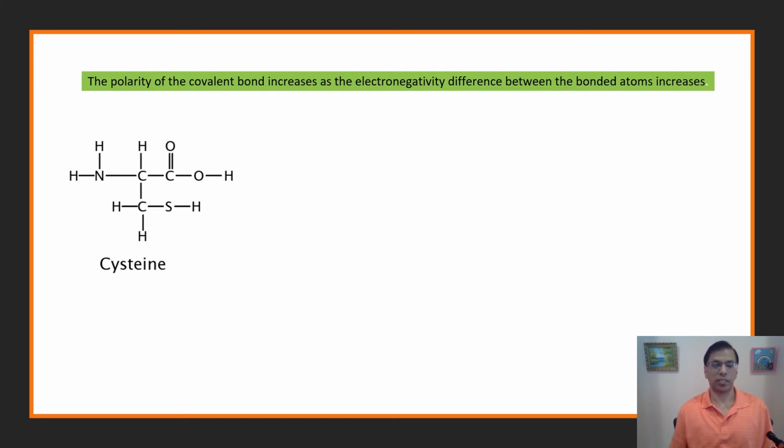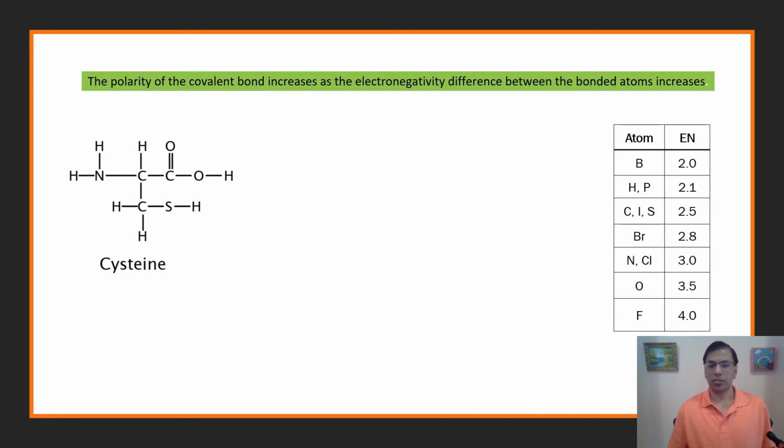So let's find out and classify each of these bonds as either polar covalent bond or nonpolar covalent bond. To help you with this, there's a table with the electronegativity of the atoms commonly observed in organic molecules.